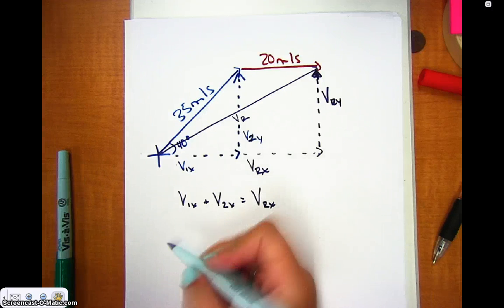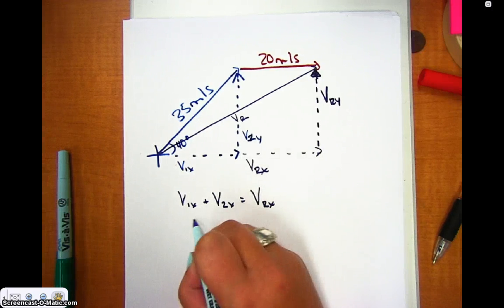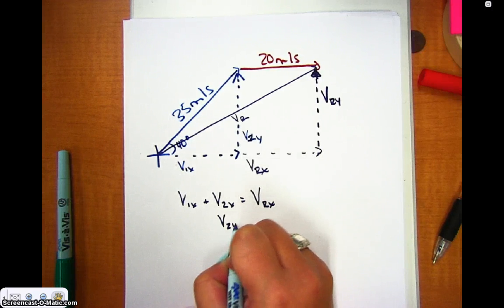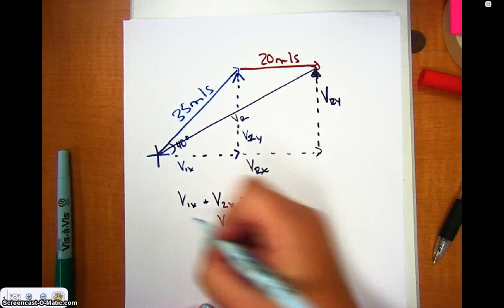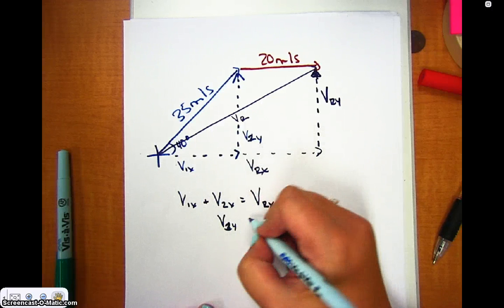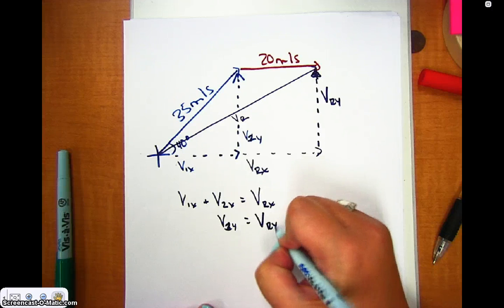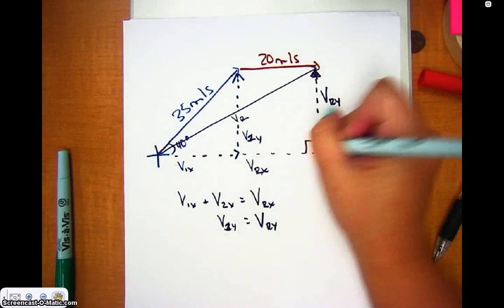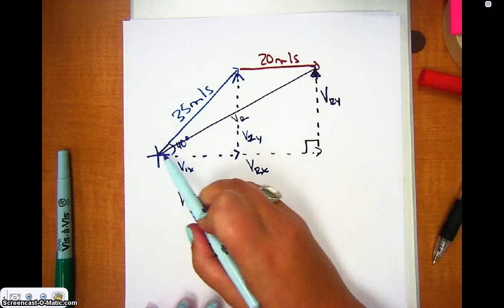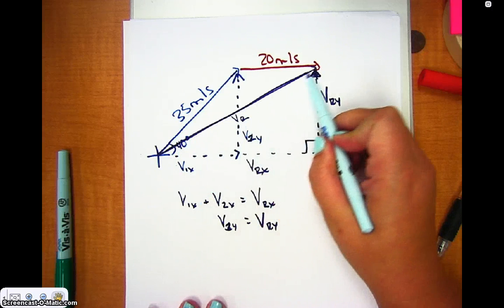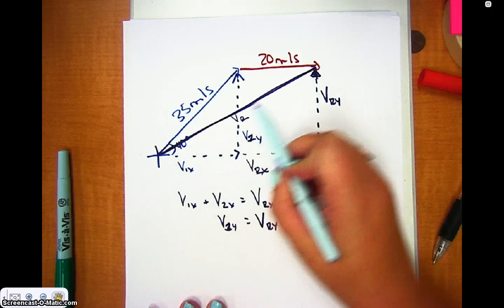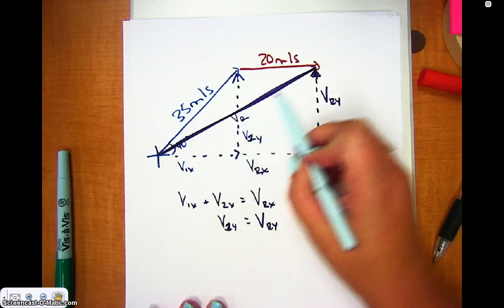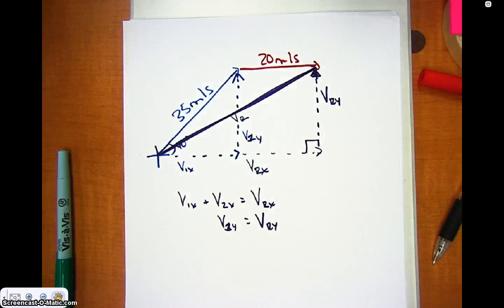In this case, I would have just v1y, since the other one is 0, equal to my resultant y component. And once I had those two sides, I would be able to very easily figure out, using trigonometry and the Pythagorean theorem, the length of my resultant vector and the angle.